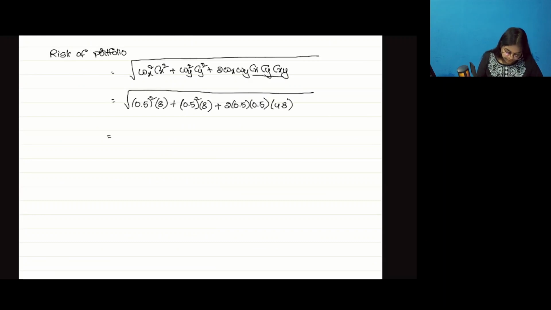Calculating, we get 2.5230%. I just rounded it off.